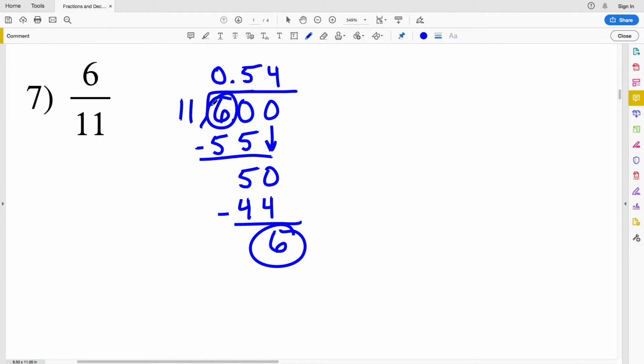We tried to divide 6 by 11 and couldn't do it. So this will just keep repeating. So here, now that we've gotten back to the start, we will be repeating 54 hundredths. So 0.54 repeating is our solution in number 7.